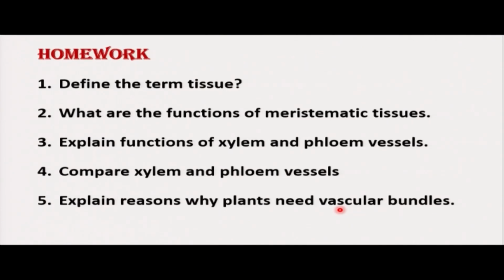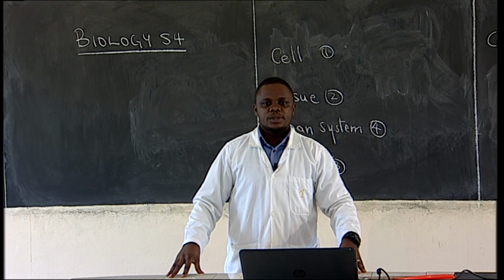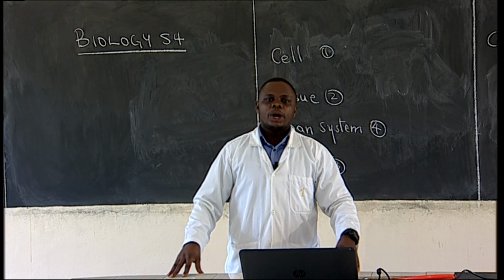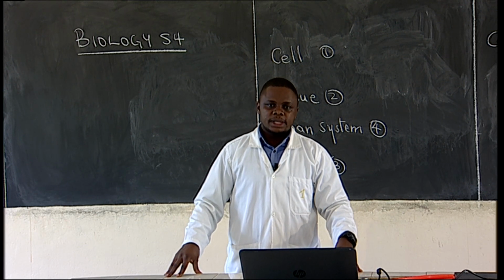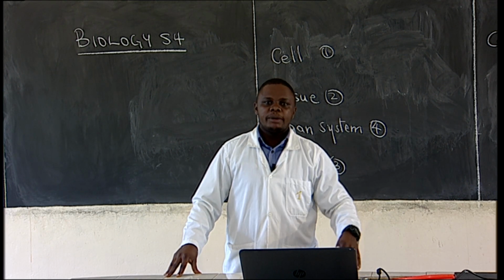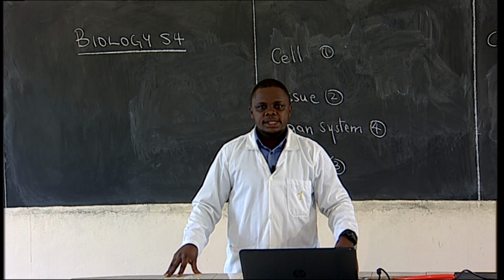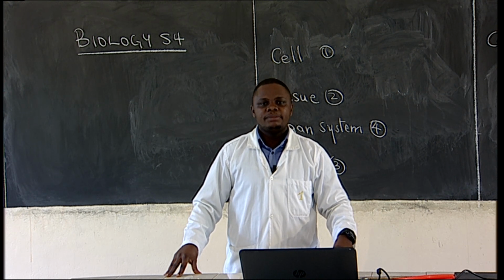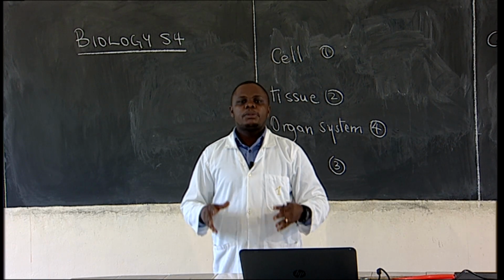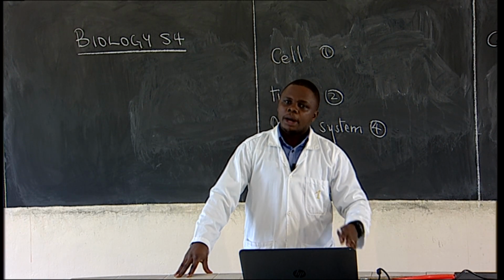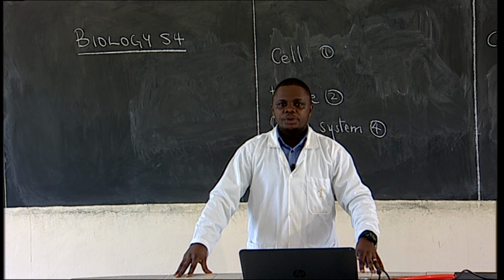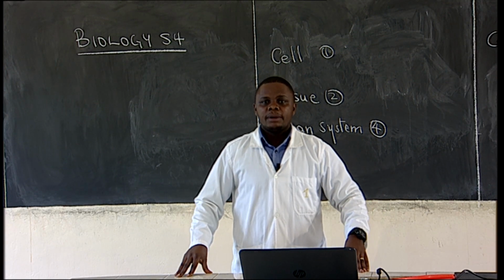Dear students, after talking about meristematic tissues, which have cells that are responsible for division by the process of mitosis, we have seen three different types of meristematic tissues: apical meristems, lateral meristems, and intercalary meristems. These are responsible for growth. And we have talked about primary growth, which is done by apical meristems.